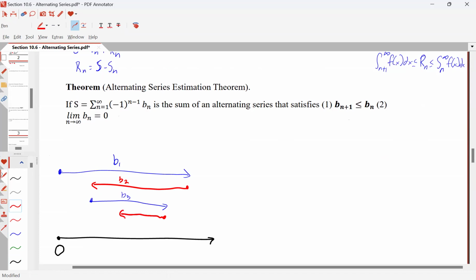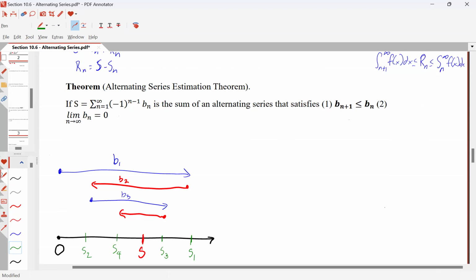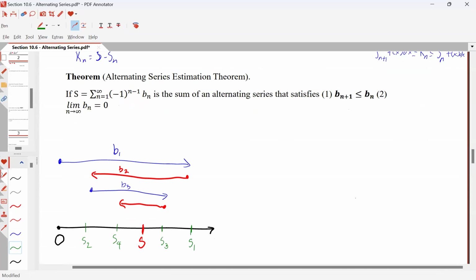And since these are going into 0, we're narrowing in on the sum, because this is my first partial sum, this is my second partial sum, third, fourth, and so on. And we're narrowing in on this sum. So I'm going to think about what happens as n increases.